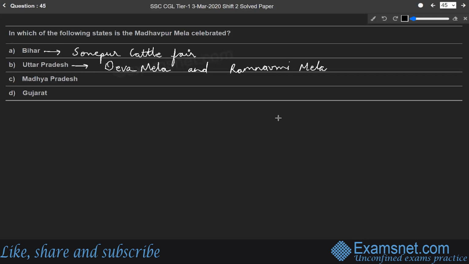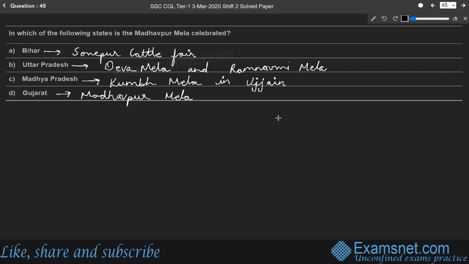In the state of Madhya Pradesh, Kumbh Mela is held in Ujjain. The last option is Gujarat. In the state of Gujarat, Madhavpur Mela is celebrated. So for this question, the correct option will be option D, which is Gujarat.